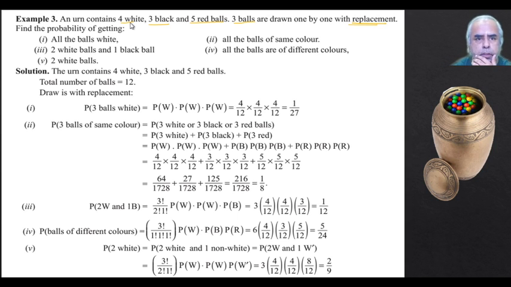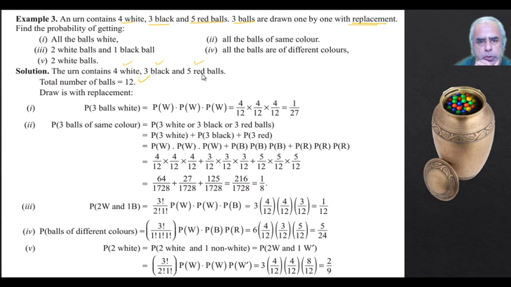Okay, so here it is said 4 white balls, 3 black balls, 5 red balls. So 4 plus 3 plus 5, that is 7 plus 5, we have got 12 balls here. So the number of total balls is 12, because 4 white, 3 black, 5 red.